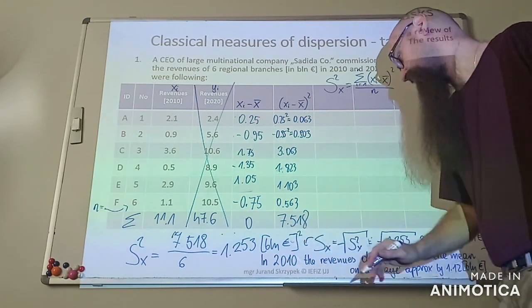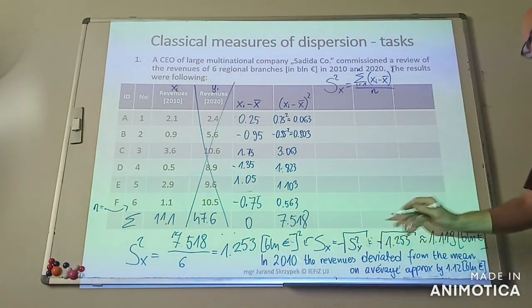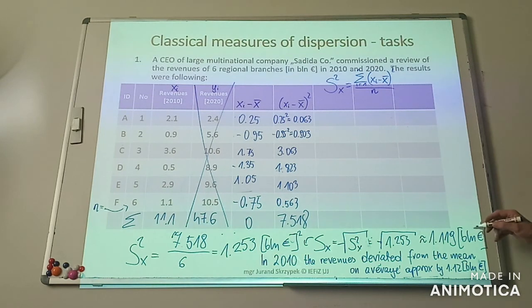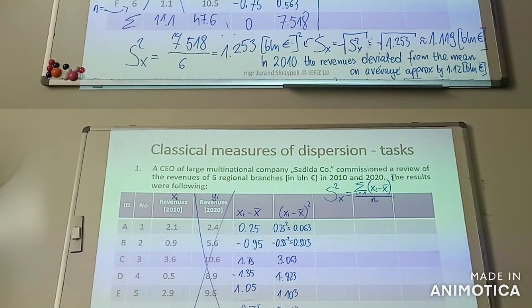It has no sense, so we should compute the root of that amount, and the final result is around 1.12. So it means that in 2010 the revenues deviated from the mean on average approximately by 1.12 billions euros.